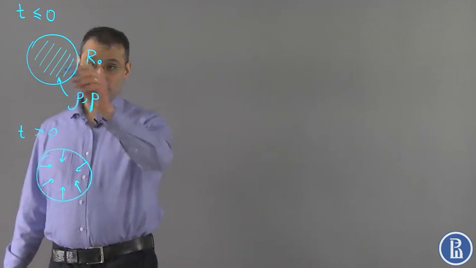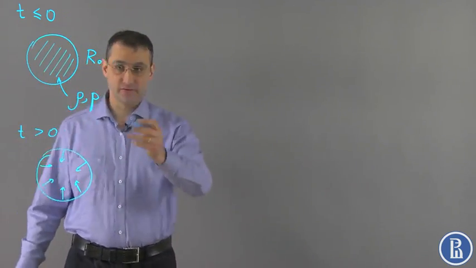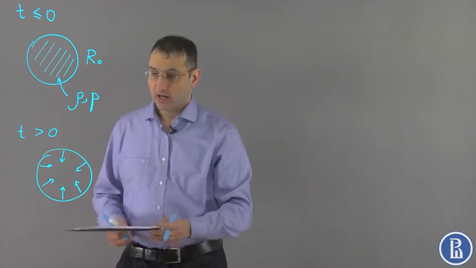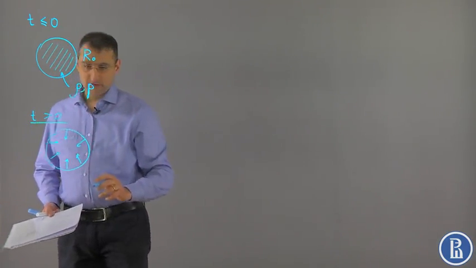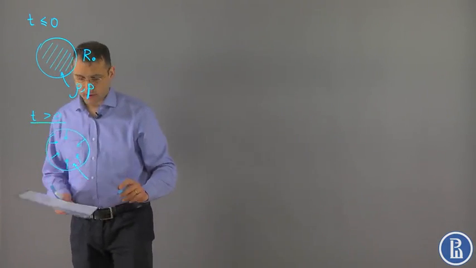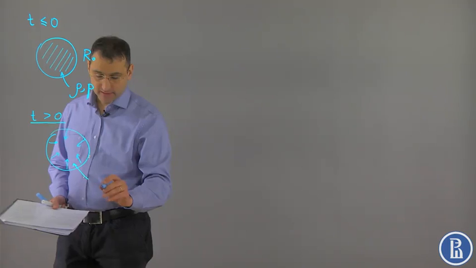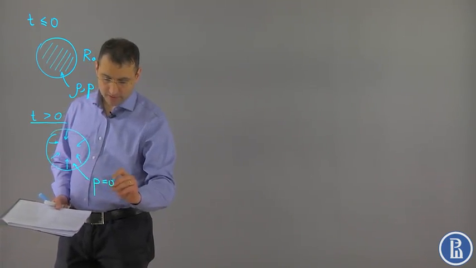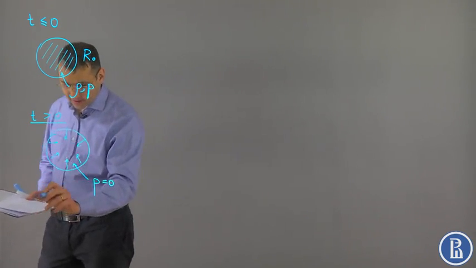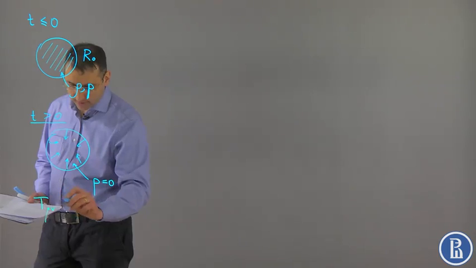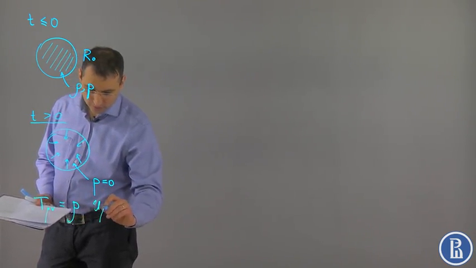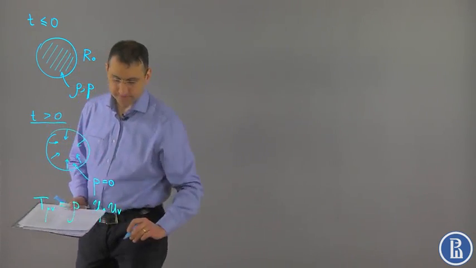Before t equals 0, the solution is exactly the same one as we have been considering in the previous lecture. After the moment t equals 0, we consider the approximation that was used by Oppenheimer and Snyder, that p equals 0. So we have a pressureless dust, which means that the energy-momentum tensor is rho times u mu u nu.